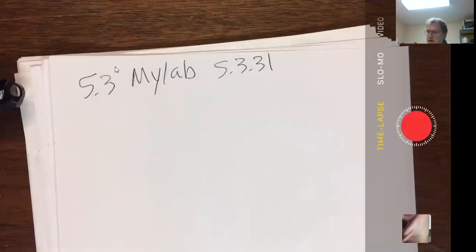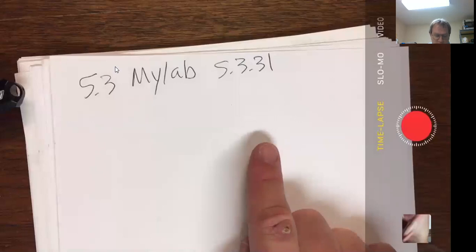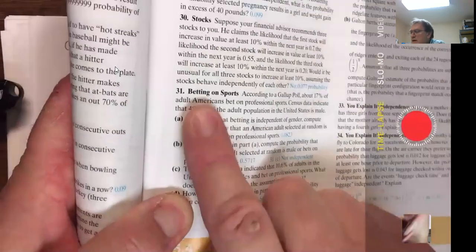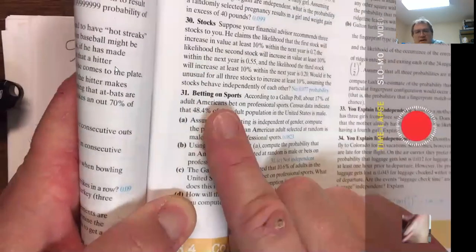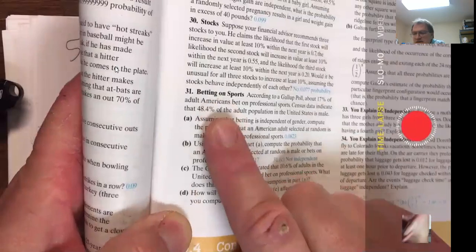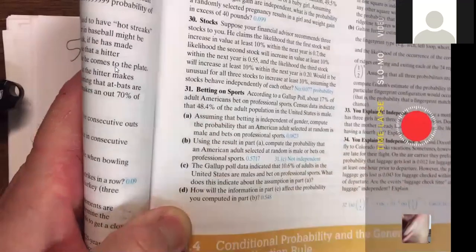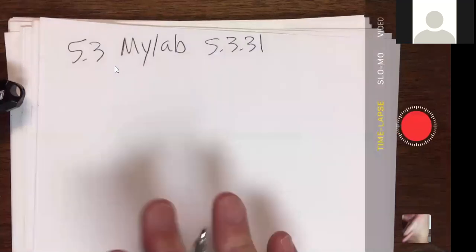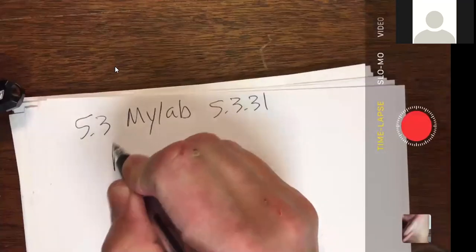Well, sometimes these parallel the book, but the book doesn't have a part E on 31. Does it look anything like betting on sports? This is 31 in 5.3, but it does not have part E. It says according to a poll, about 18% of adults in the country bet on professional sports.